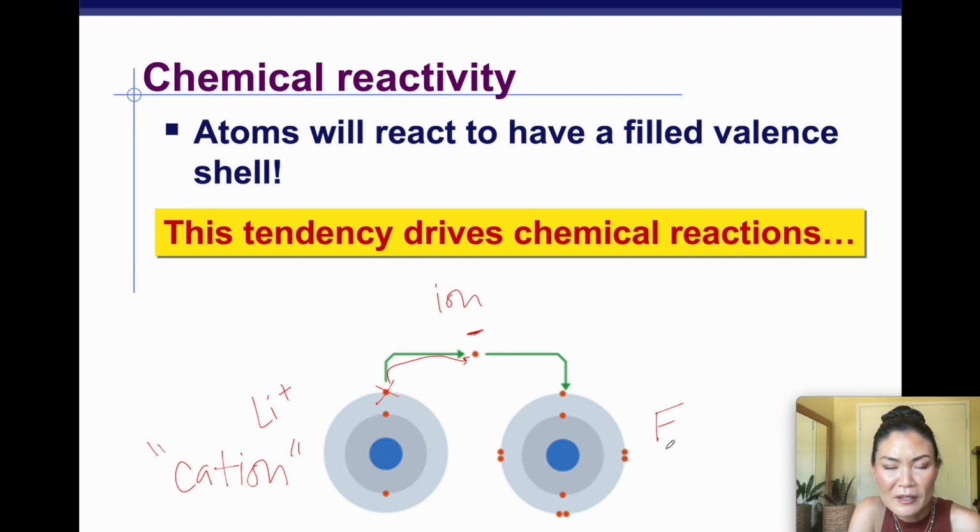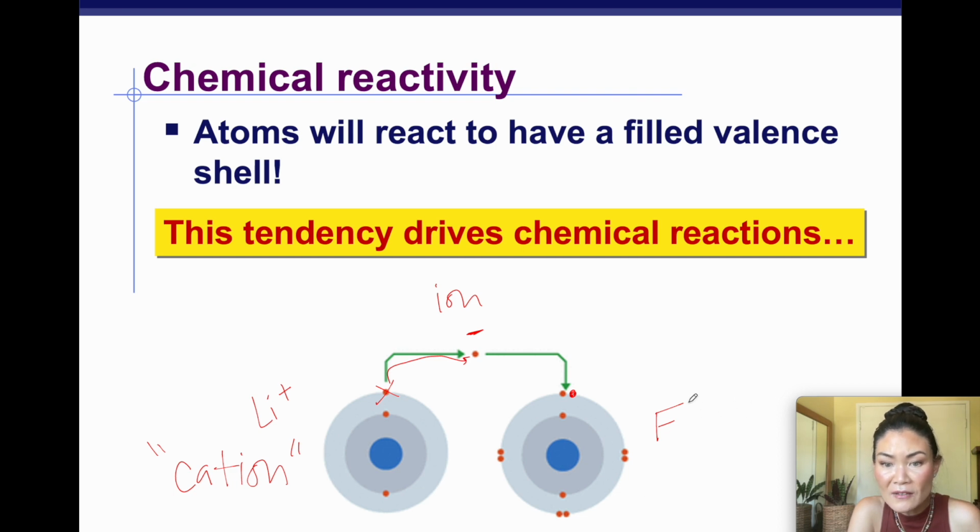Whereas now look at fluorine, okay? Fluorine gains a negative charge. So when it gains that electron, now you can see it has 8 electrons on the outermost energy level. And so it is stable, it's filled, okay? But it's gained a negative charge. So what type of charge do you think this fluorine atom is going to have?